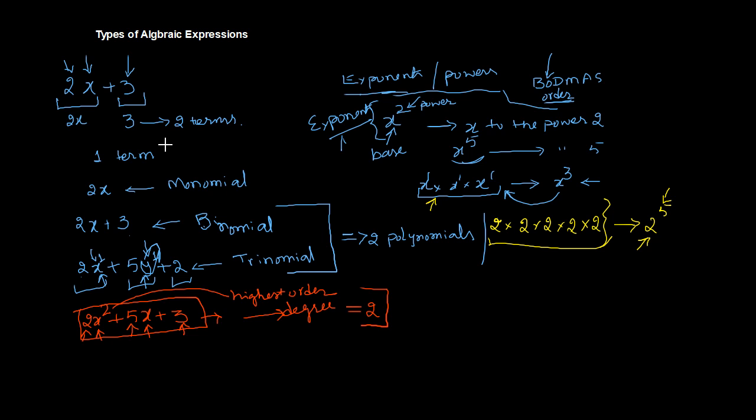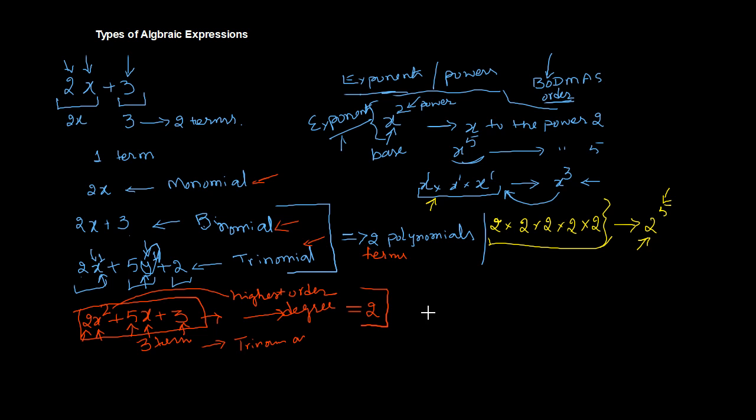So here the main thing to understand under types of algebraic expressions is what is a monomial, what is a binomial, what is a trinomial, and that anything with 2 or more terms is a polynomial. Here there are 3 terms, so this is a trinomial, but the degree or the highest power of this expression is 2.